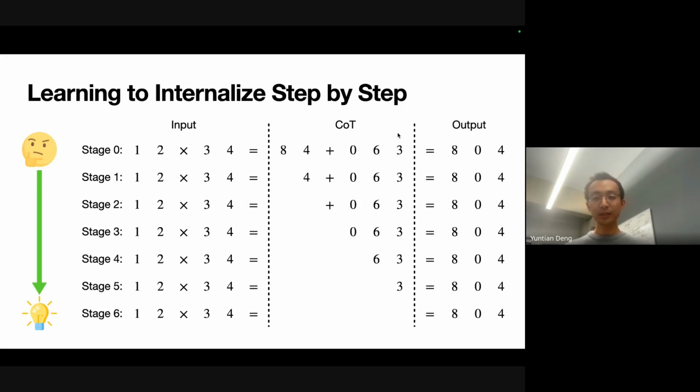In order to produce this token, it actually depends on all the previous tokens. So the best thing the model could possibly do after we remove this token and fine-tune the model is to use the hidden state on top of this equal sign here to store the information related to 3.